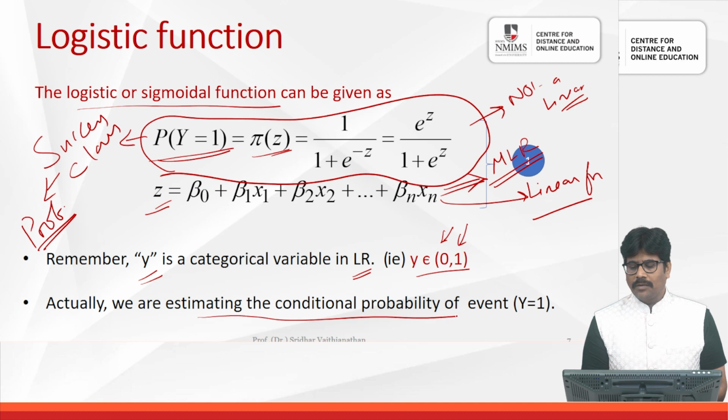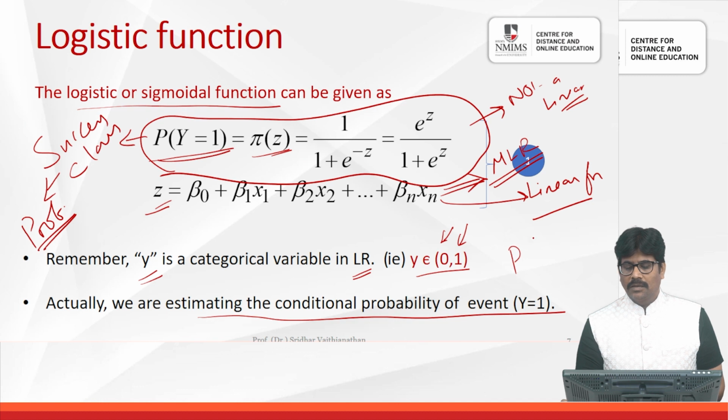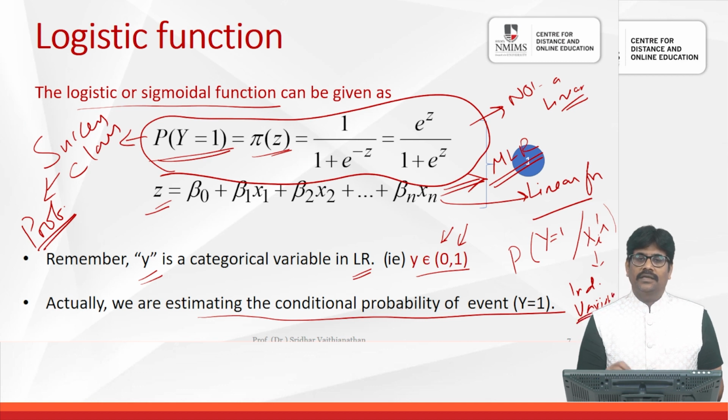Pi of z is nothing but the conditional probability of event y is equal to 1, or put otherwise, the probability of the success class for the given independent variables, that is the xi's. This is how the sigmoid function needs to be understood.